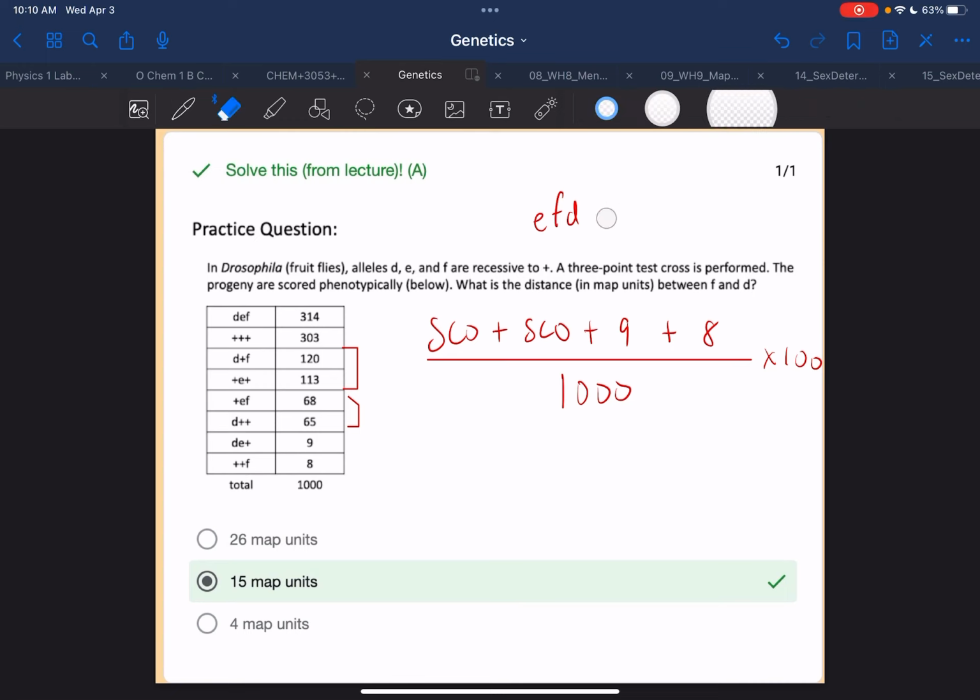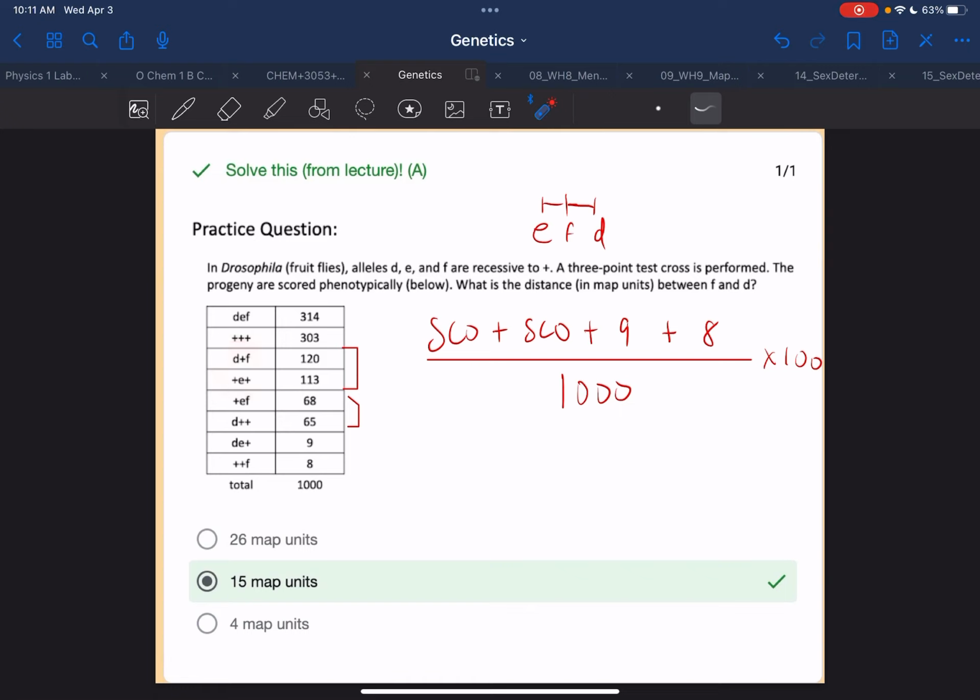So with that in mind, the question asks us to find the distance, the map units, from F to D. If we want to figure that out, of these two pairs right here, we need to look at where the mode of inheritance, in other words, the dominance or recessiveness of the two letters, is different.